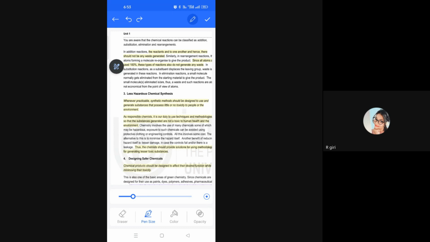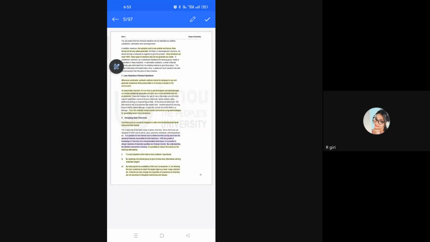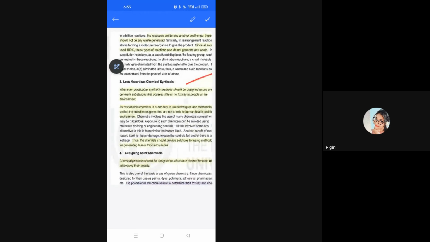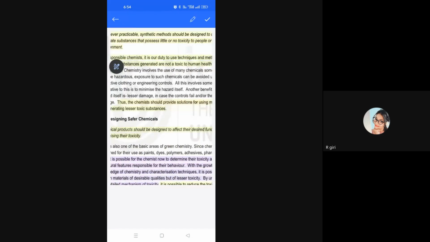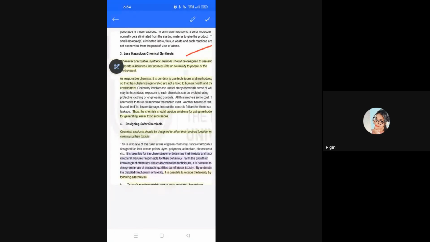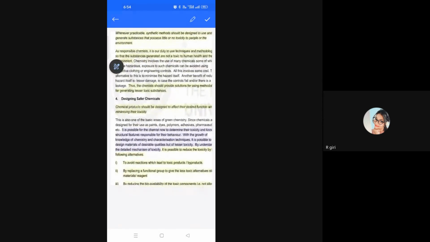Okay, then the third point is less hazardous chemical synthesis. Whenever practicable, synthetic methods should be designed to use and generate substances that possess little or no toxicity to people or the environment.